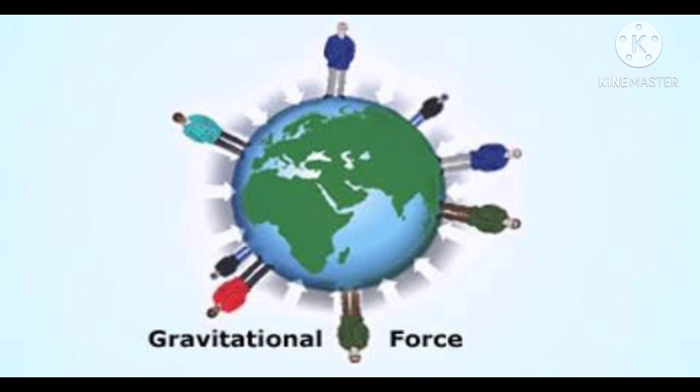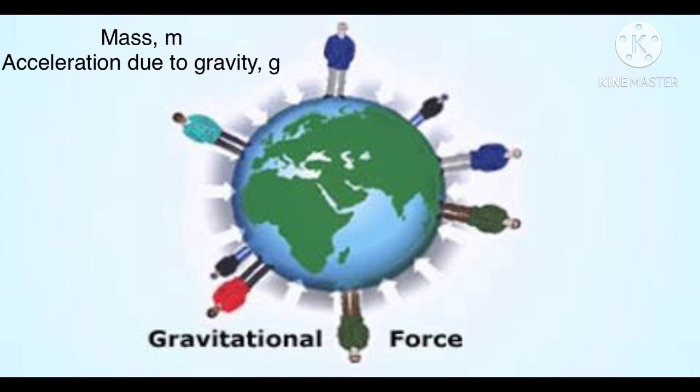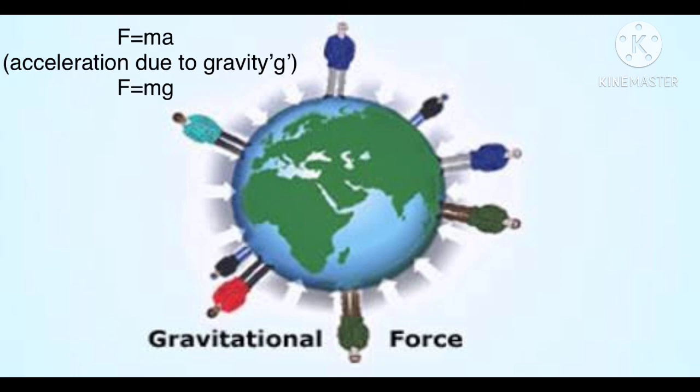We know that the earth attracts every object with a certain force, and this force depends on the mass m of the object and the acceleration due to gravity, that is small letter g. We know that F equals mass into acceleration. That is F equals mass into acceleration due to gravity.